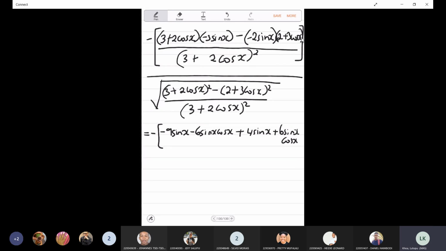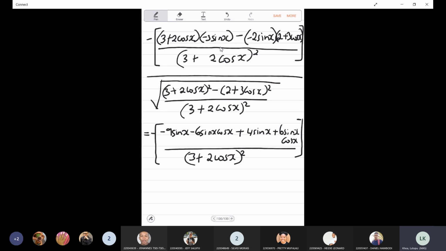Okay, and this is still divided by this term here, 3 plus 2 cos x squared. And I close my square brackets.